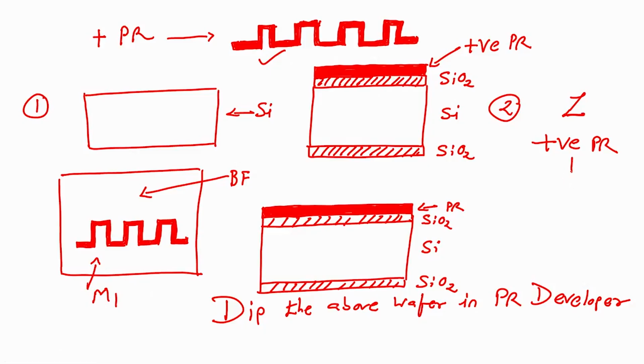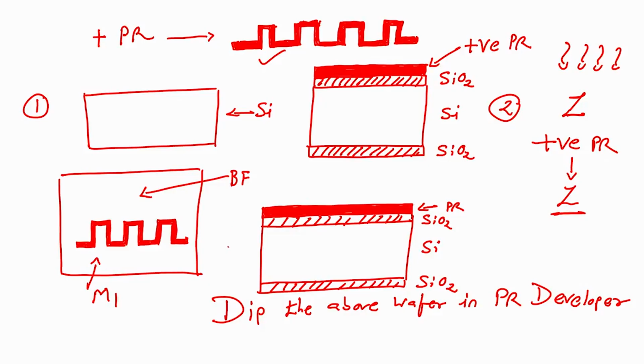Then if I use positive photoresist, I will get Z, okay, same pattern. That means, whatever area is not exposed, you see if I expose this, then the area which is Z, that area is not exposed. The area which is not exposed, that area becomes stronger. The area which is exposed, that becomes weaker.